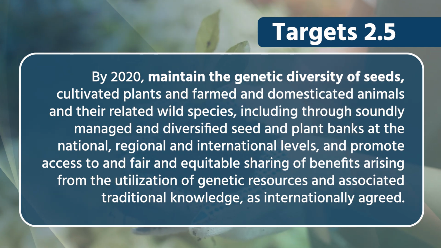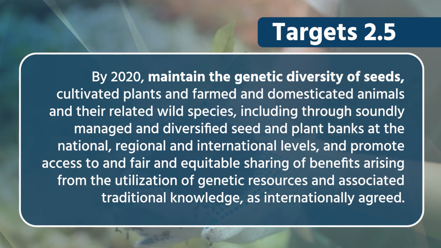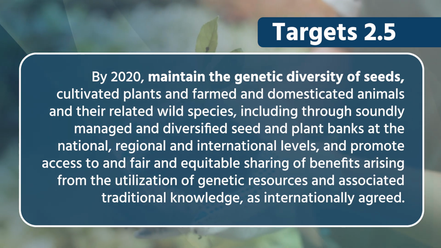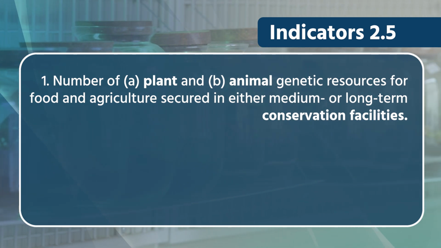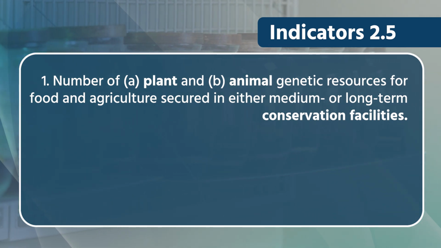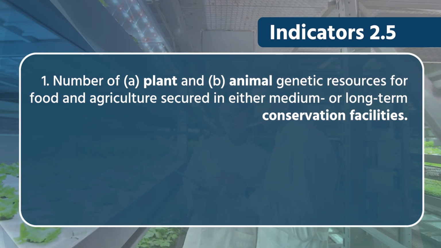To look into maintaining the genetic diversity of those we have mentioned here, we measure indicators. One is the number of plant and animal genetic resources directly used for food and agriculture that require either medium or long-term conservation facilities.